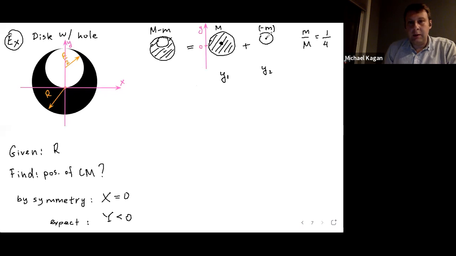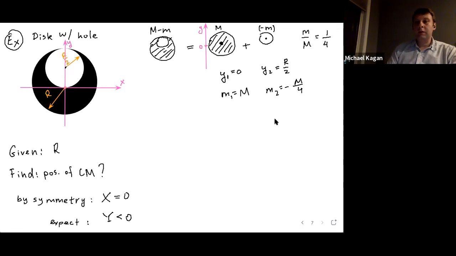And then that would make y1 0 and y2 would be R over 2, right? Now the masses we already wrote: m1 is big M, m2 is negative M over 4, as we just found, right?